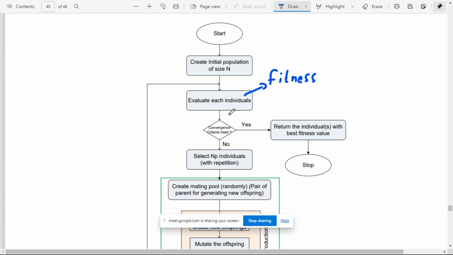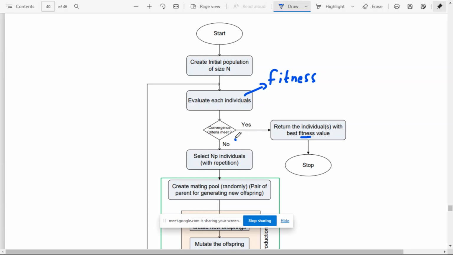Convergence means: with the fitness value of the individual having the highest fitness score, are we happy with this fitness score or not? Every individual is a solution, so basically we are checking whether we are convinced with this solution or not. If we are convinced, then return the individual with the best fitness value.